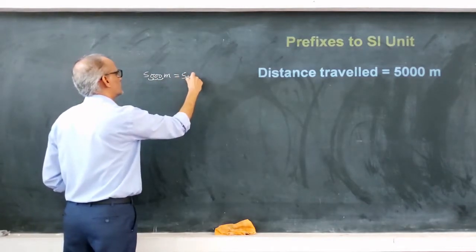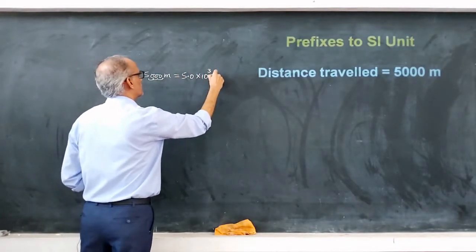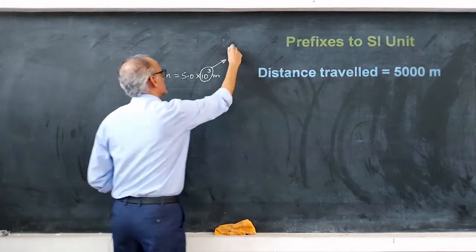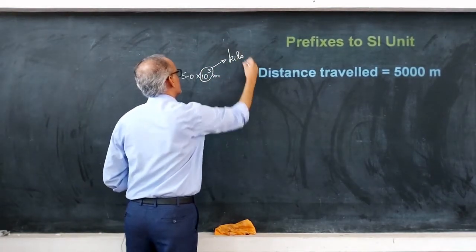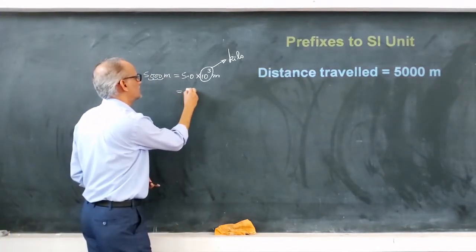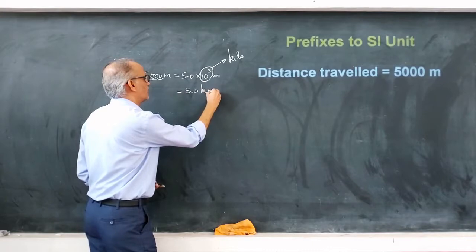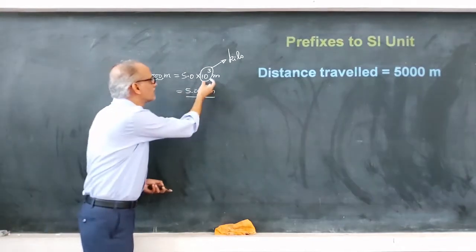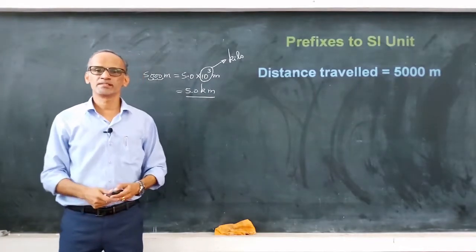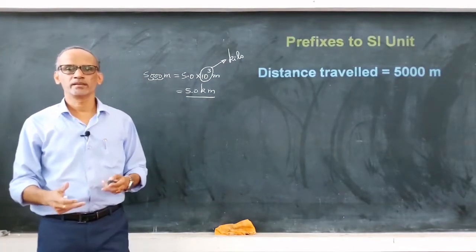I will write 5.0 into 10 to the power 3 meter. And for this 10 to the power 3, the prefix that's used is kilo. So that I can write this answer very easily as 5.0 kilometer. We can always avoid the powers. So that is the meaning of the prefixes used in SI units.